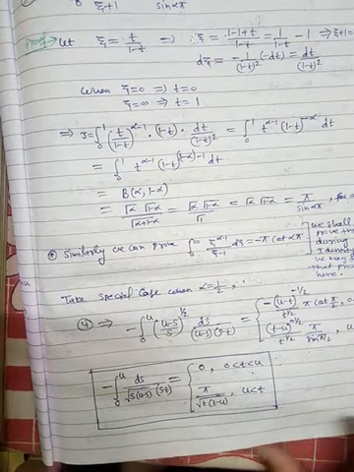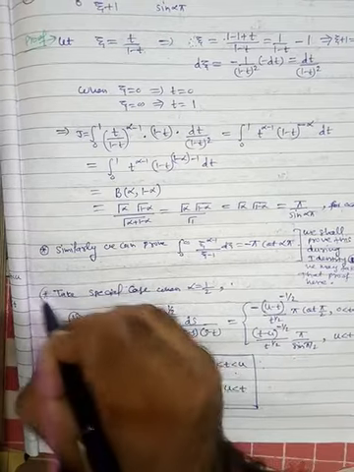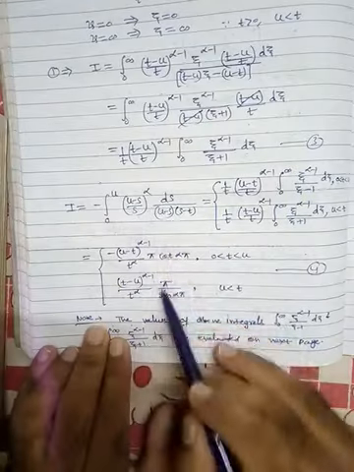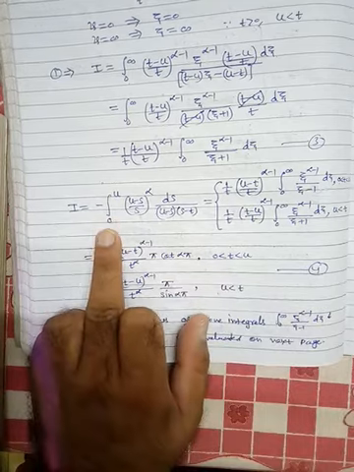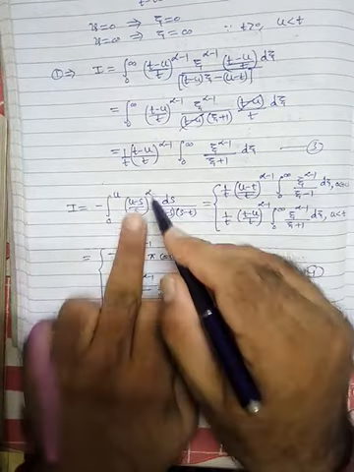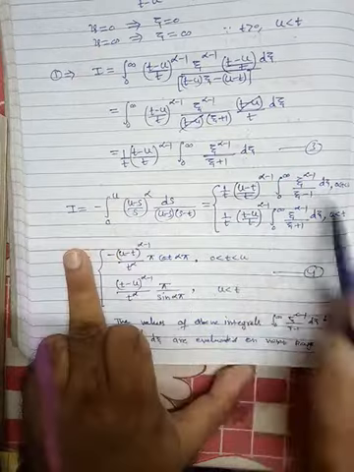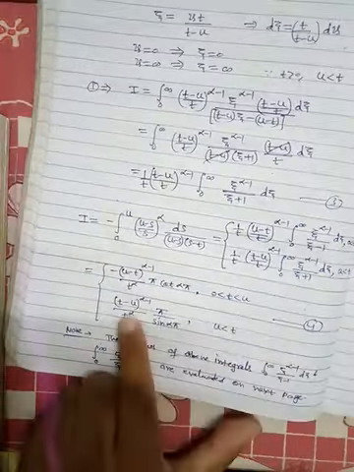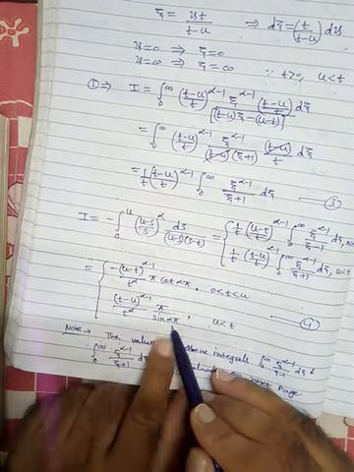Now at this end, suppose we take a special case. अल्फा की वैल्यू अगर हम हाफ पुट करें, put alpha is equal to half here. So what we will get? तो हाफ यहाँ पुट करेंगे, राइट हैंड साइड में भी, हर जगह हाफ पुट करेंगे.